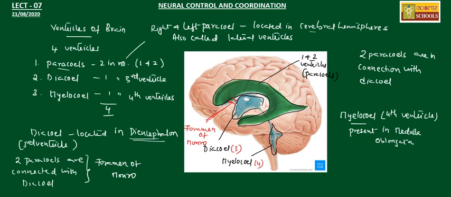Similarly, here we have another connection that lies between the diacel and the myelocele. This narrow passage again, which connects the diacel and myelocele, is called the aqueduct of Sylvius.